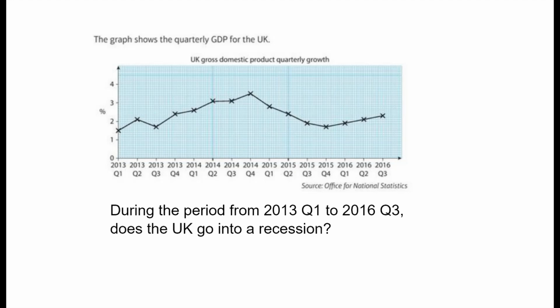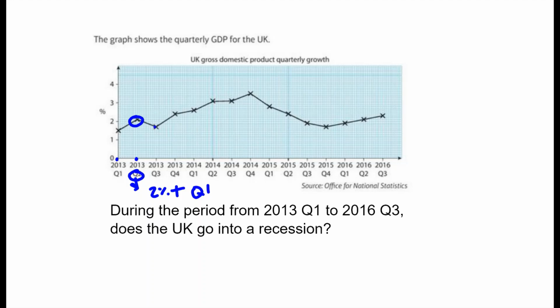So we're comparing a quarter, say 2013 quarter one, with 2013 quarter two. So see here, between quarter one and quarter two, quarter two is just over 2% more than quarter one.